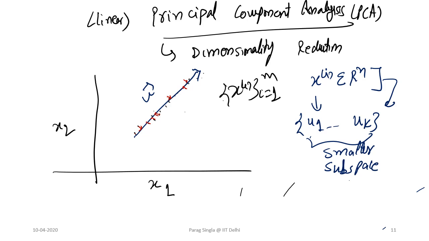In general, we are looking for this u1 to uk, where in the original space each of these ul still belongs to Rn. But we could take k of these vectors in the original Rn space and construct a subspace which is k-dimensional, and project each of the original vectors to this smaller subspace.